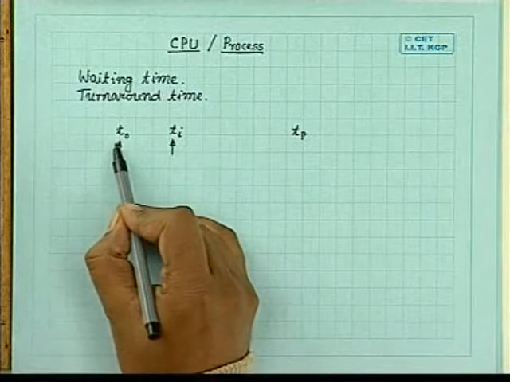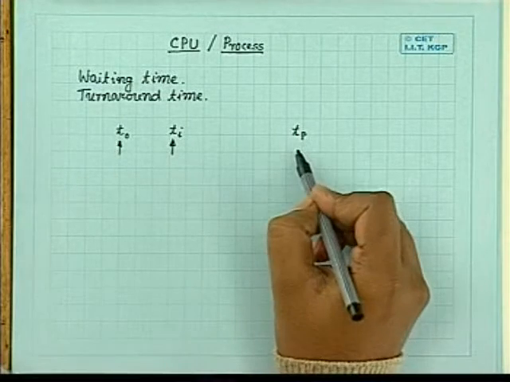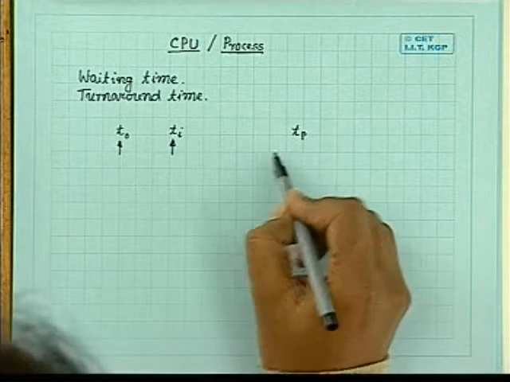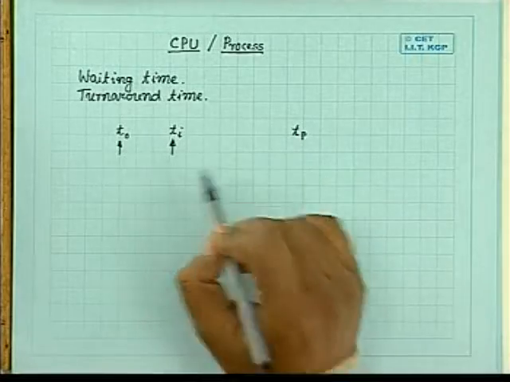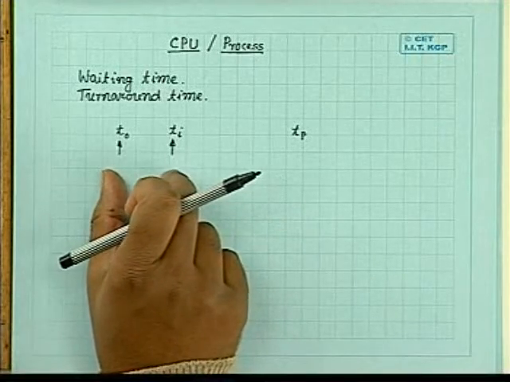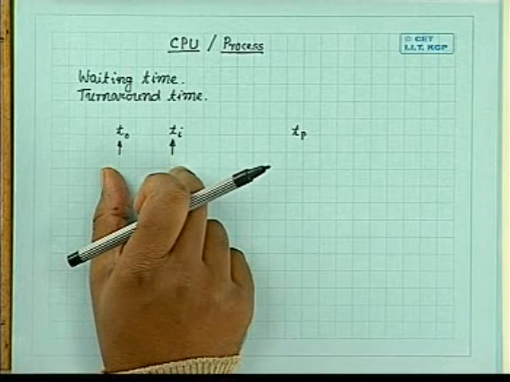I submitted the job at time instant T0, I get the output at time instant Tp. So, this Tp minus T0 is called the turnaround time. That is the time duration between completion of the job and the time instant at which the job was submitted. So, this total duration T0 to Tp is called the turnaround time, whereas the duration from T0 to Ti is called the waiting time.